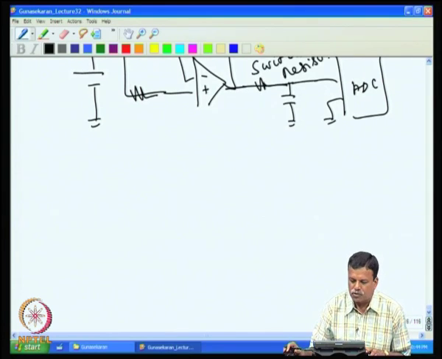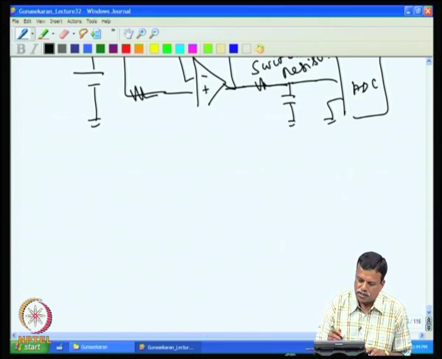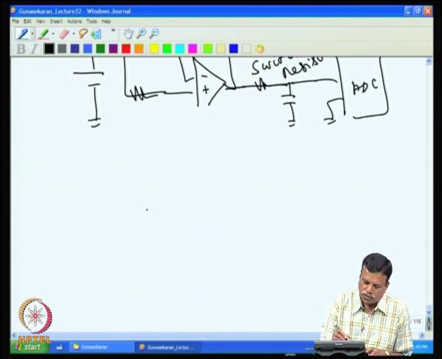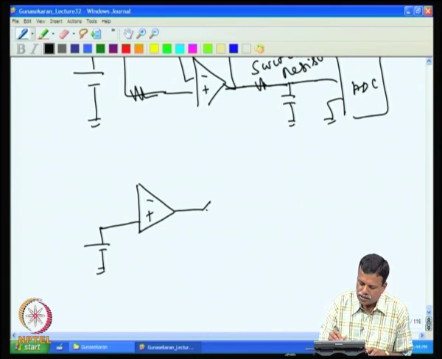In fact, there are two different types of sample and hold amplifiers commercially available. One such circuit has an input amplifier, a voltage follower, then a switch, then another voltage follower amplifier, and a sample and hold capacitor.